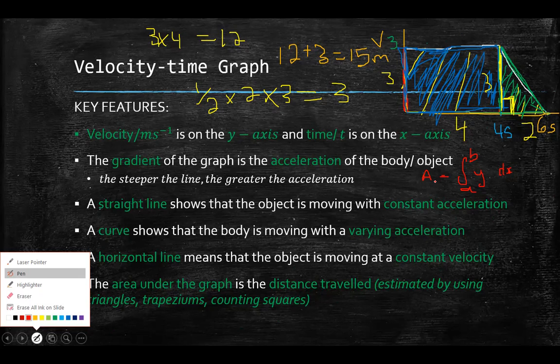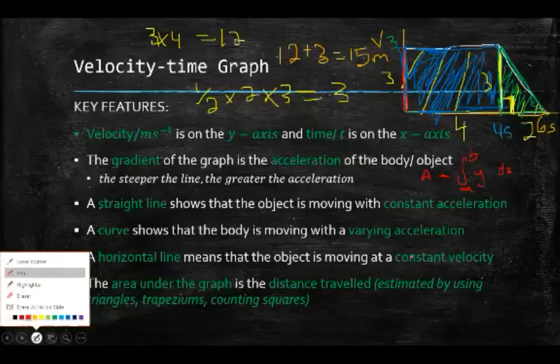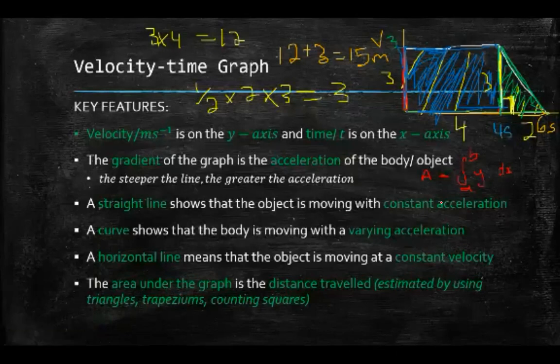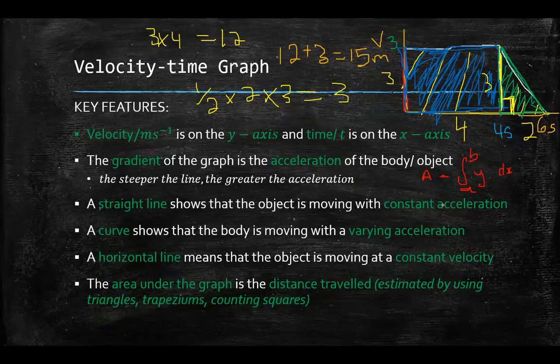So basically when you're finding the area under the graph for that illustration, you separate it into a rectangle and a triangle, and you do 2 separate calculations, one for the rectangle and one for the triangle.